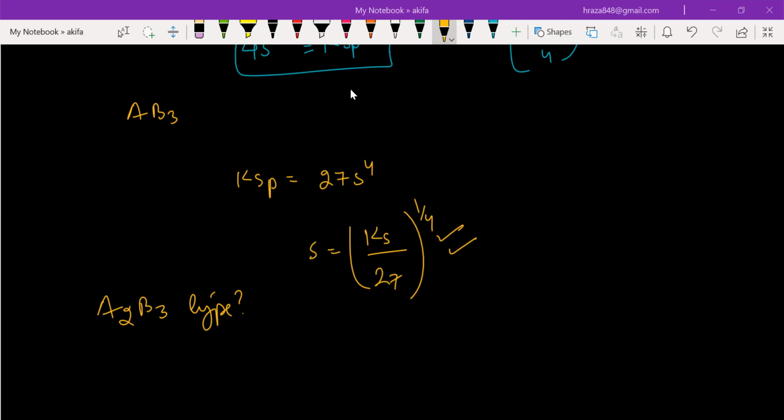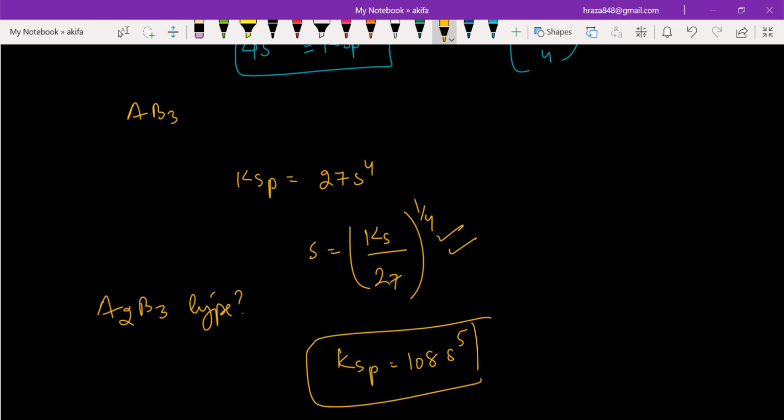Done? No. Okay. KSP over 108, raised to the power. KSP will be equal to 108 S raised to the power 5, right? Yes. Okay, thank you.